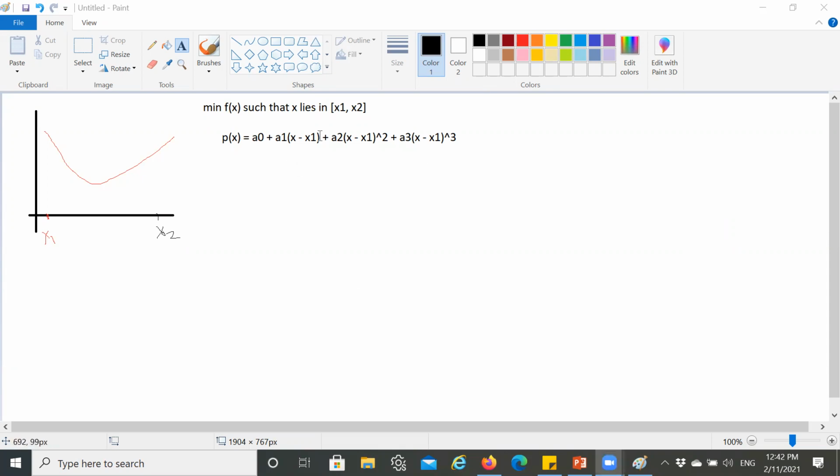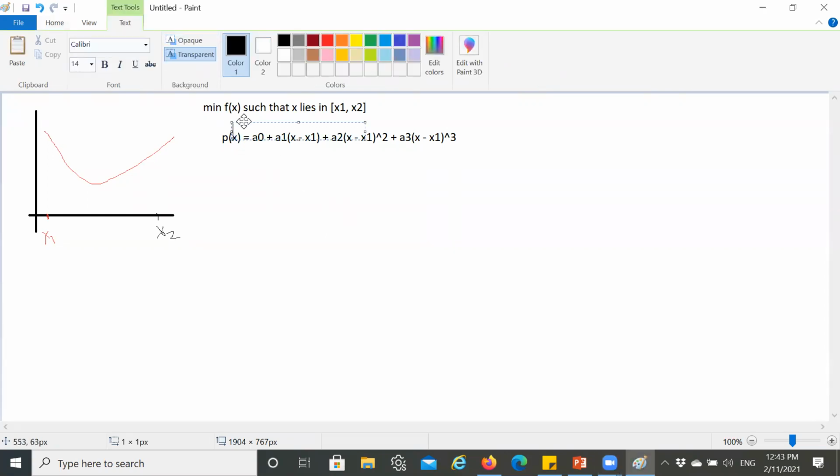How did I get this equation for a cubic function? I know it's true that I can write it like this, but where did I get this from? Did you ask about this x minus x1? Yes.